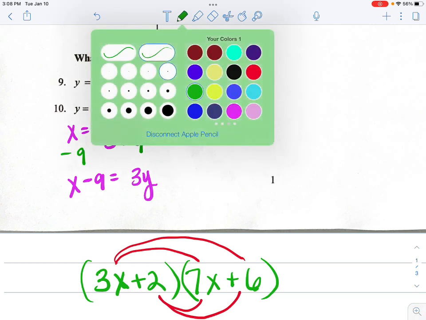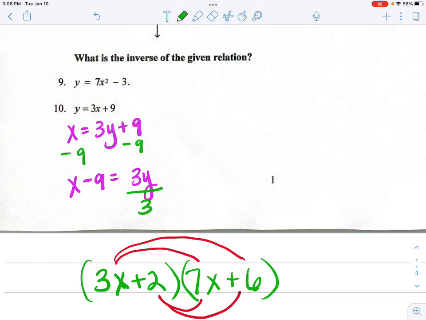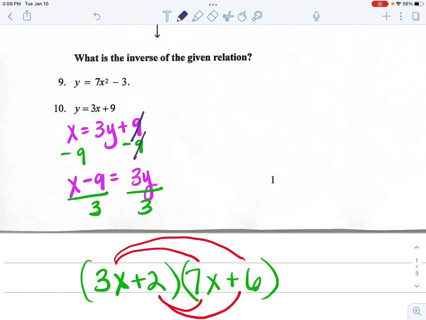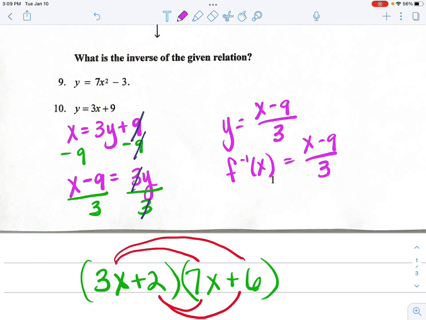And then divide both sides by 3. Now really, these two subtract out, these two divide out. You could do something to this one, but we've been leaving it in fractional terms. So we're just going to leave it as x minus 9 over 3, or again, writing it in inverse notation, the inverse of f of x equals x minus 9 over 3.